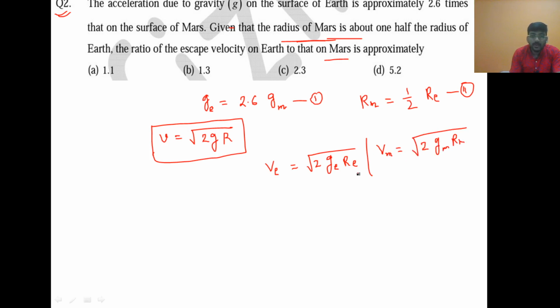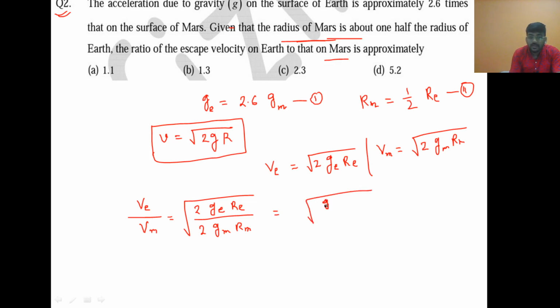Now if we want to find the ratio, we just divide these two equations, that is ve divided by vm, which will be root twice ge into re divided by twice gm into rm. So it will be root of ge divided by gm into re divided by rm.